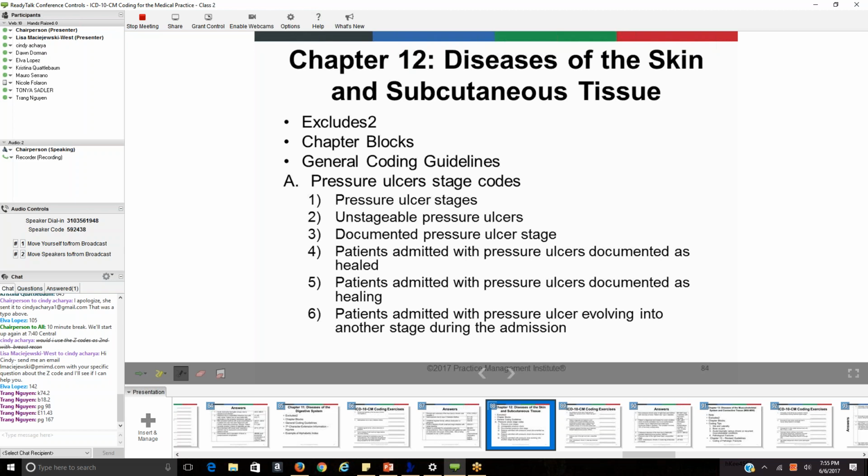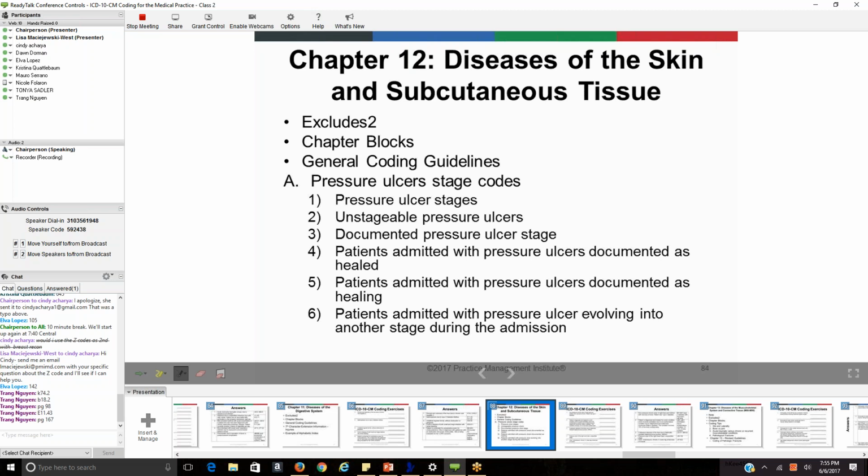The assignment of the pressure ulcer stage code should be guided by the documentation, and for patients who are admitted with pressure ulcers that have been documented as healed, you would not assign a code if the documentation states that the pressure ulcer is completely healed.